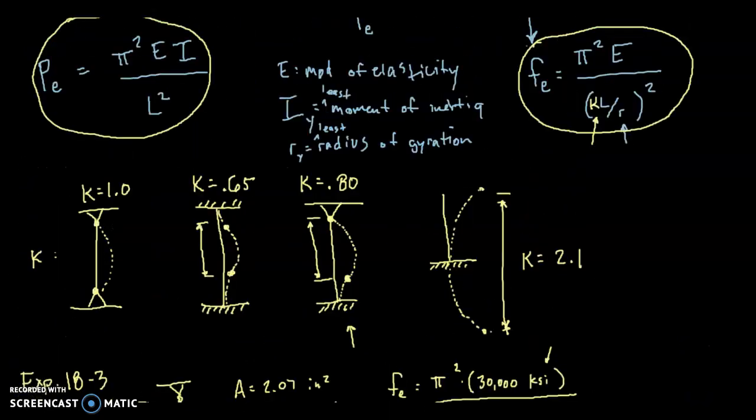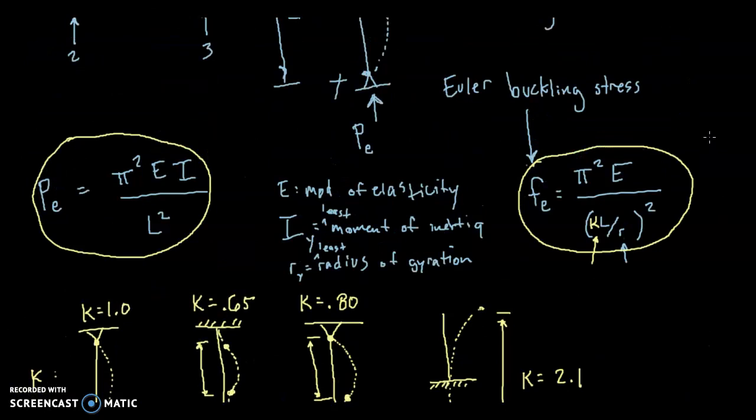As I said, for hundreds of years, both of these Euler formulas, for stress and for load, were considered to be correct. They were used, and that's how column design was done. But over the years, what we found is that the Euler formulas are pretty unreliable when we have a pretty low slenderness ratio.